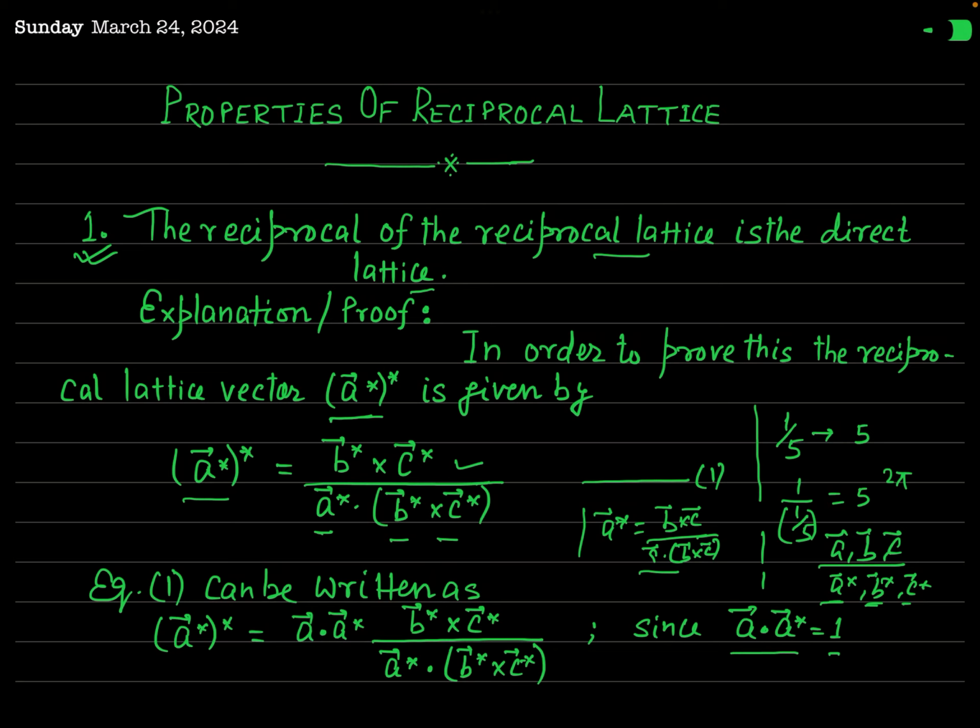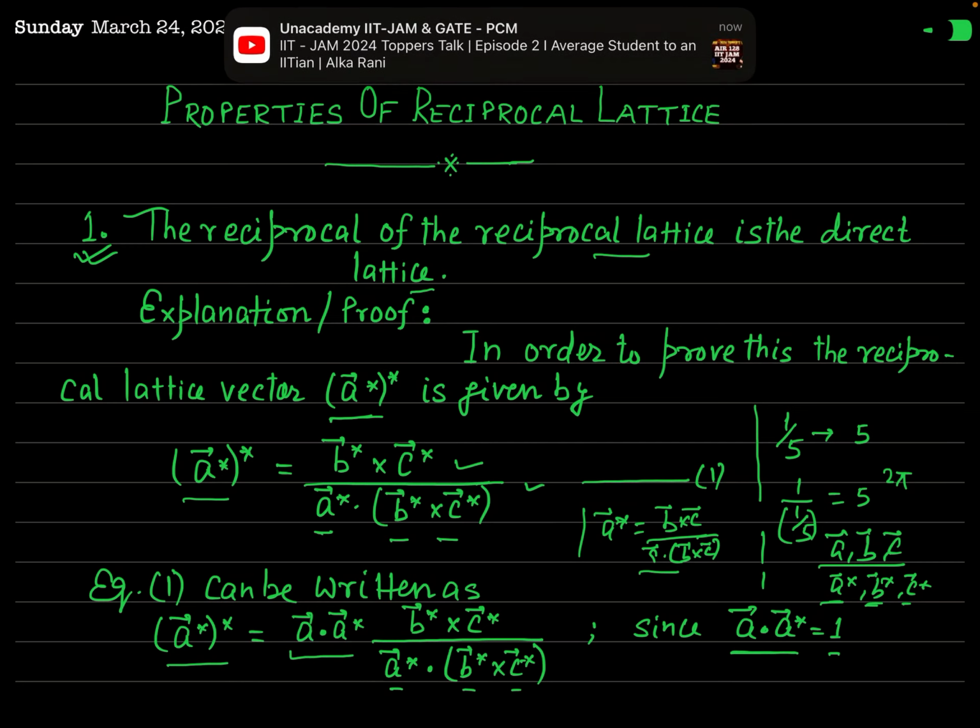So if we multiply the right-hand side of this equation 1 by this number, A dot A star, the result remains unaffected, because multiplying by 1 does not change the result. So equation 1 can be written as A star star equals B star cross C star divided by A star dot B star cross C star, multiplied by A dot A star, which is simply equal to 1.